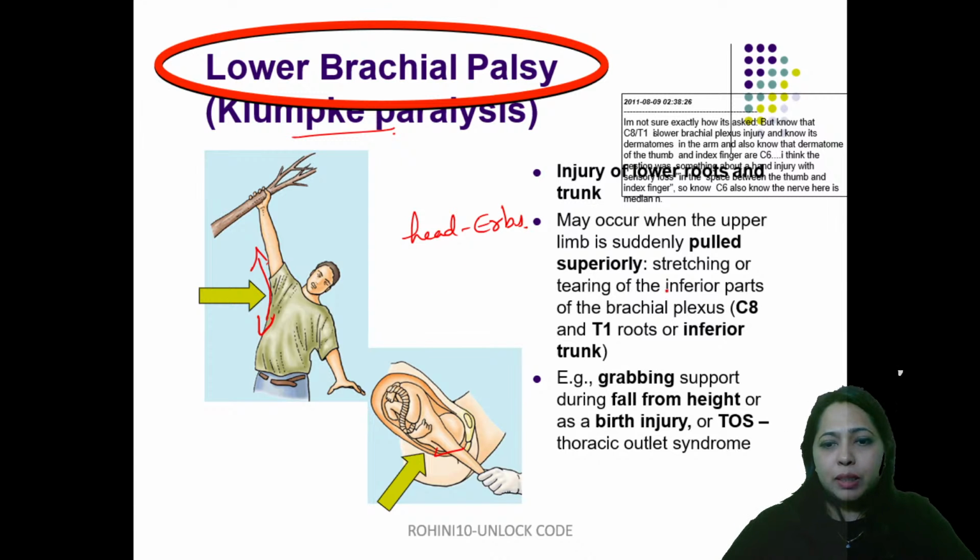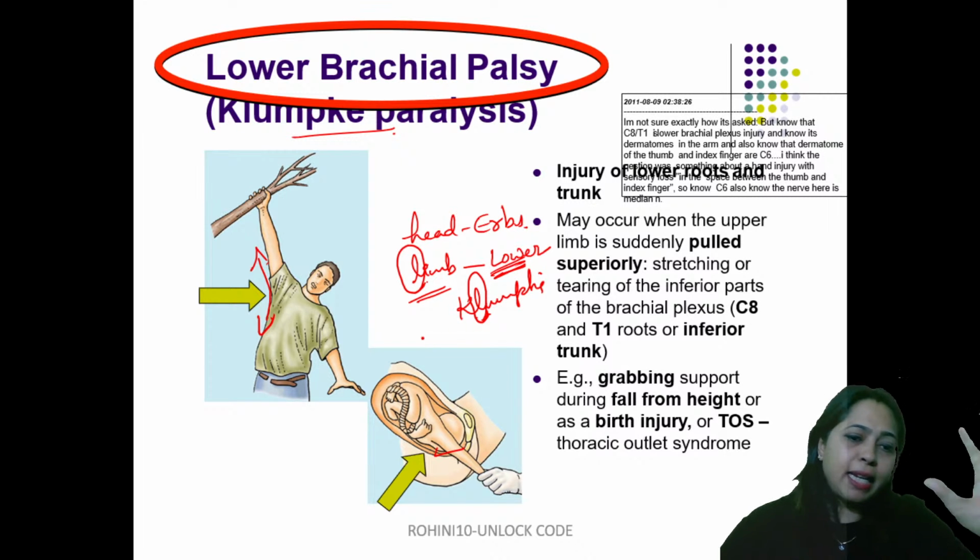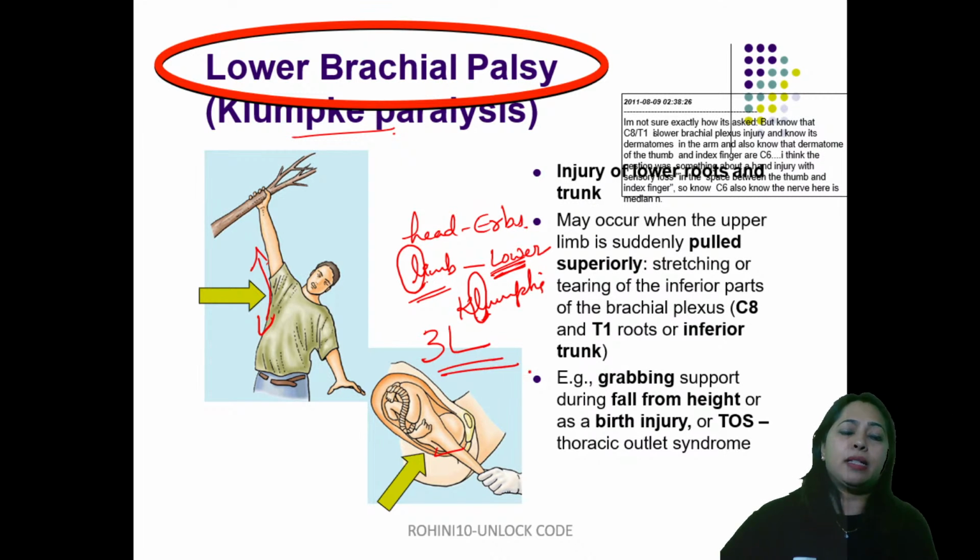Okay. Whenever the limb is pulled, remember L for limb, L for lower, and it is Klumpke. And that is also L. Klumpke L, limb L, lower L. All the three L's you remember.